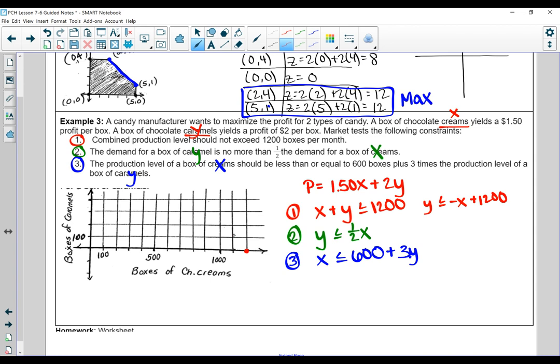My slope is -1. So here is my first constraint, and I'm going to be shading below it. Okay, so now if I were to graph my green constraint, I know I'm right at the origin. My slope is 1/2.